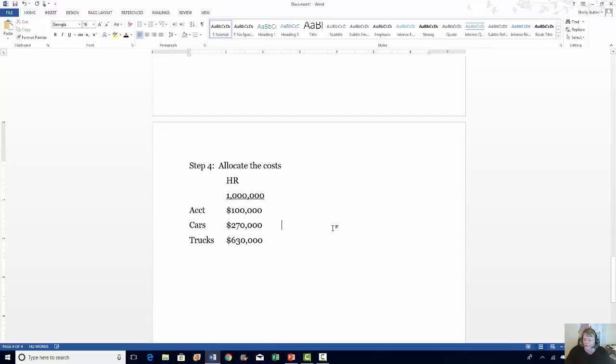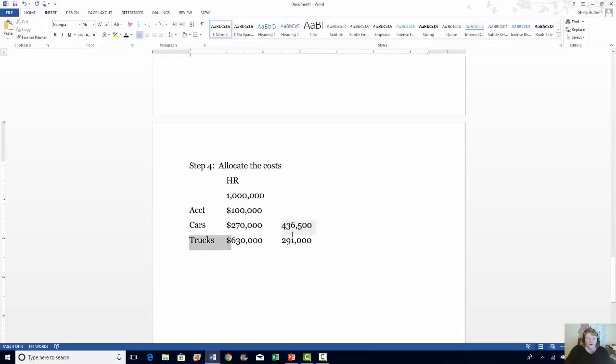And that is going to be 436,500. And we're going to allocate 40% of the accounting costs to trucks. And that's going to be $291,000.